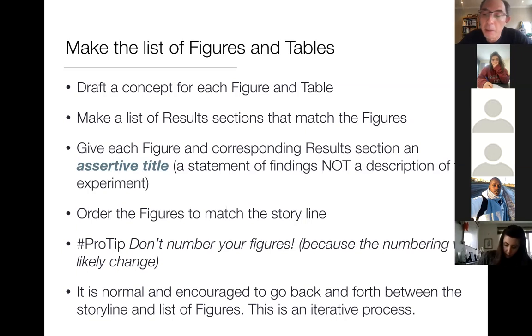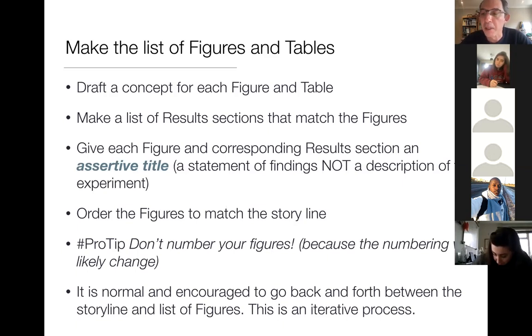So a pro tip here, one of these hashtag pro tips I would be giving you, is don't number the figures. This is a very common beginner mistake. Don't number the figures, because if you number the figures, chances are that those numbers will change, and that's going to be a complete mess. Figure 1 might become figure 5, and so on.